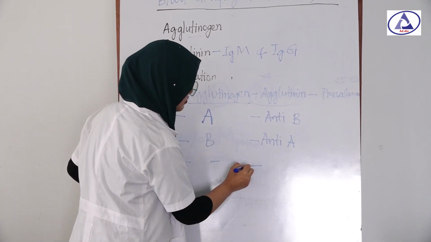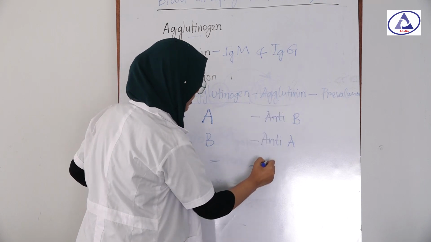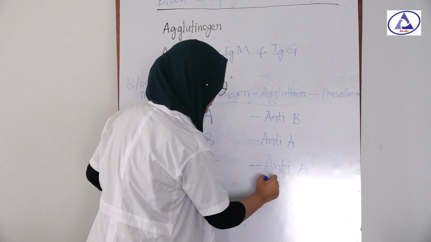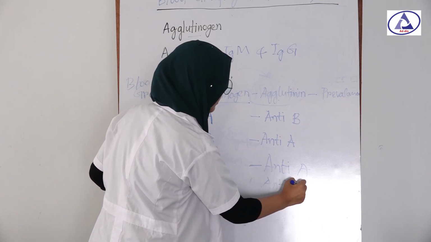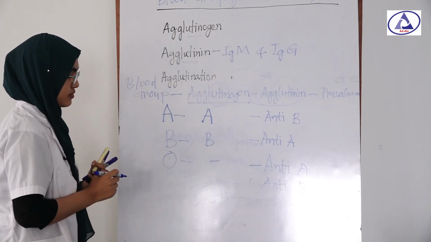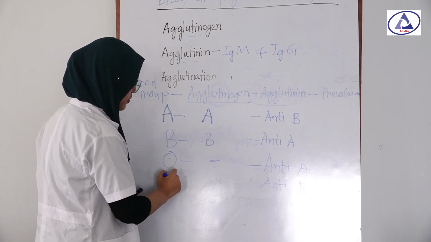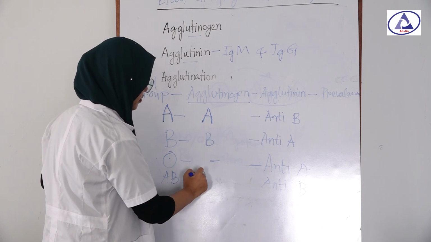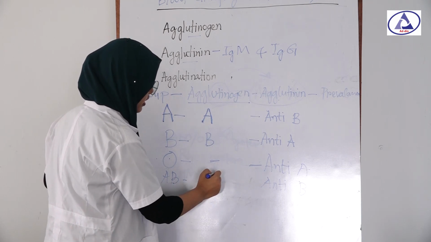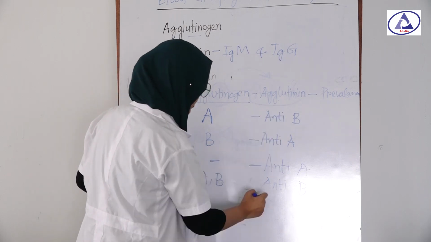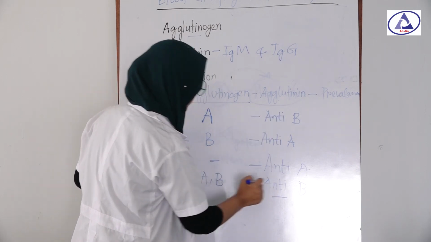So what will be the agglutinin? It will be anti-A and anti-B. This is according to the second part. And what about the AB blood group? In AB, there will be agglutinogen A and agglutinogen B, but in the plasma there is no agglutinin.